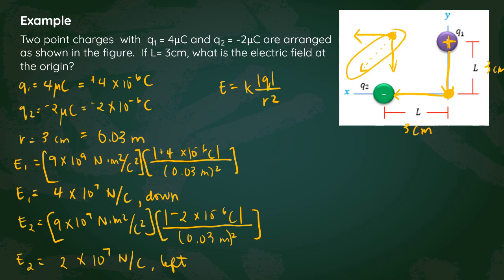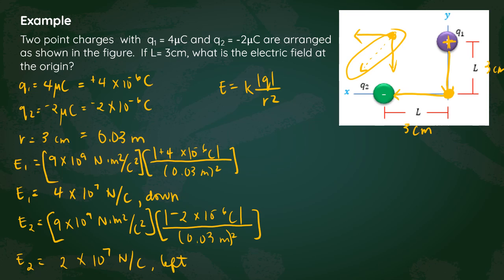So how will we solve for that, if one is going down and one is going to the left? The magnitude of the resultant electric field can be determined with the use of the Pythagorean theorem. And the direction can be identified with the arctangent function. So you must be able to remember your lessons in vector addition.